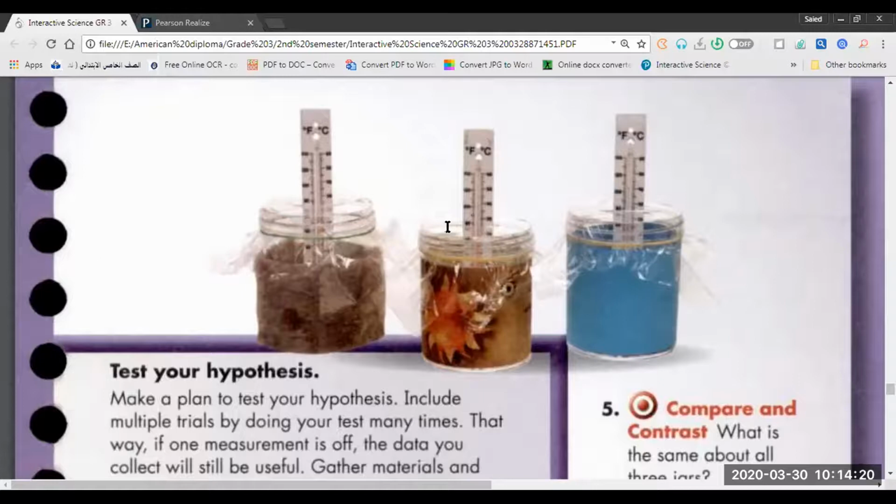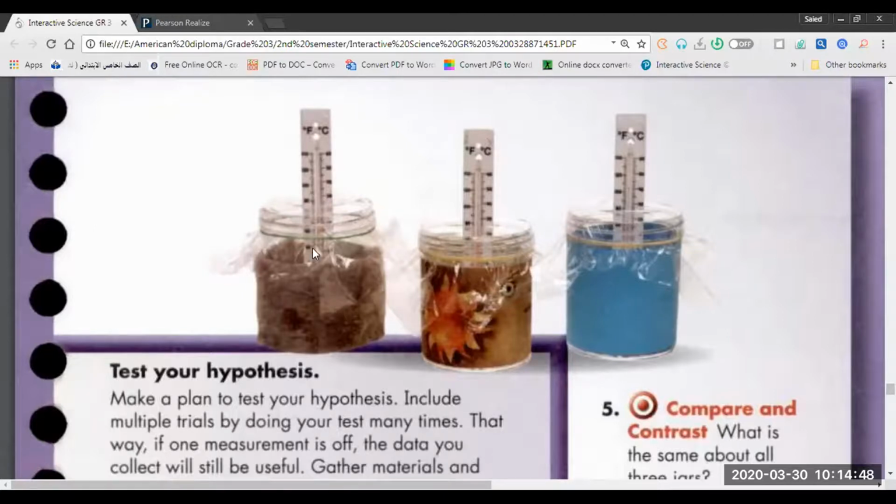The thermometer, as we know, measures the temperature. So the thermometer will record high temperature in which jar? The blue one, or the one that has this photo, or the jar that has fair around it? Of course, the jar that has fair around it will record more temperature.